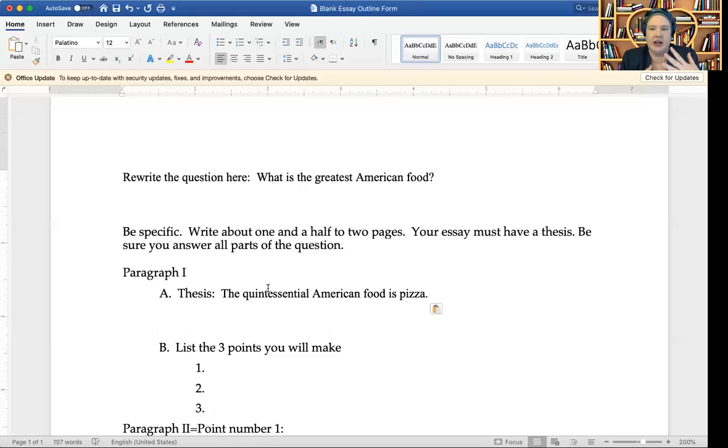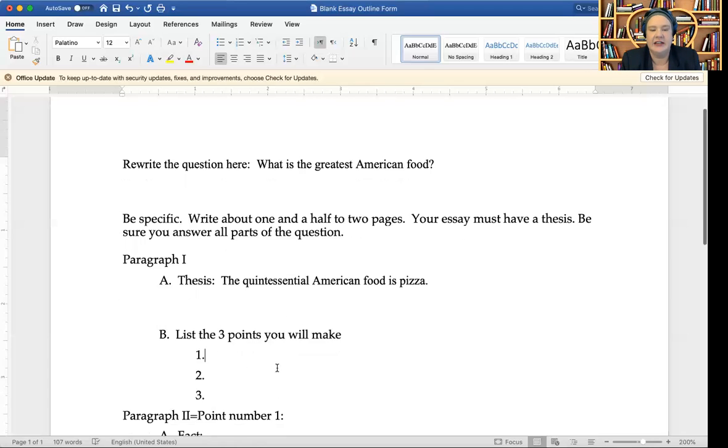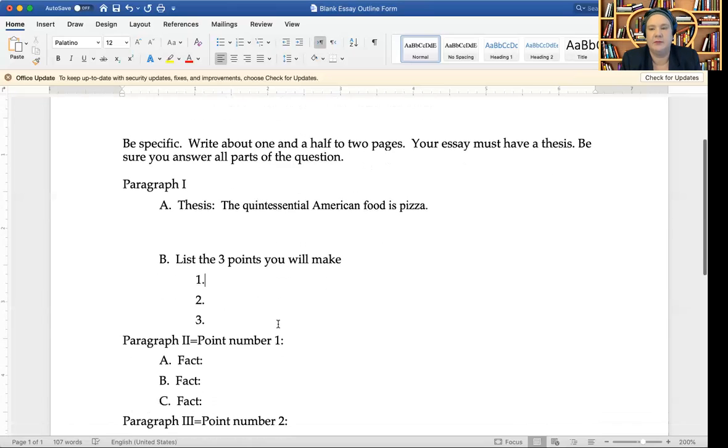Another way to think of your first paragraph is I believe A because of 1, 2, and 3. So I believe that the quintessential American food is pizza because now these are going to be your 3 main points. You're going to have a paragraph about each one of them, and you need 3 specific supporting facts for each of those 3 main points.